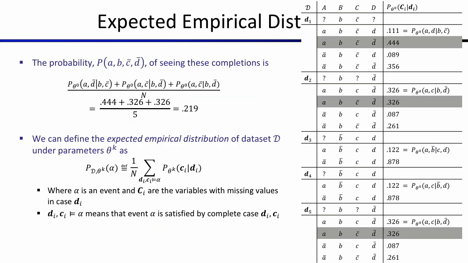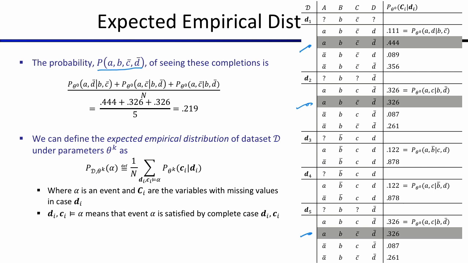So here we have the same computation, but now with a little bit more detail in the equations. So we want to compute this probability of a, b, not c, and not d. So this is our instantiation, and it's saying here that it's going to be the sum of those conditional probabilities, and those conditional probabilities are basically the rows that we have marked here in gray.